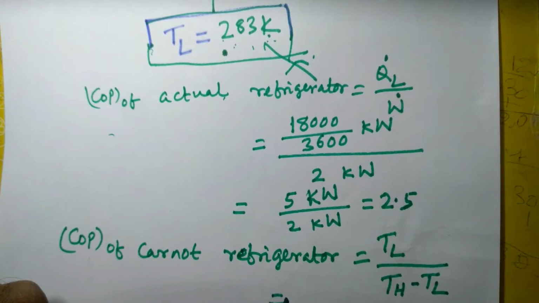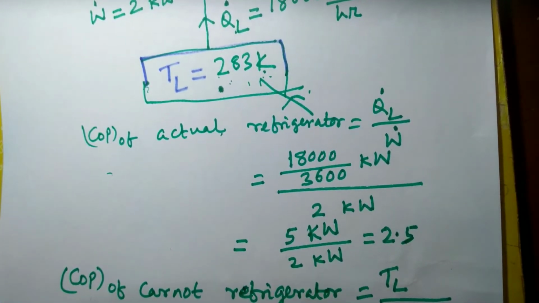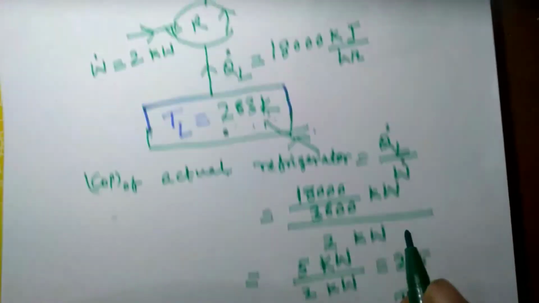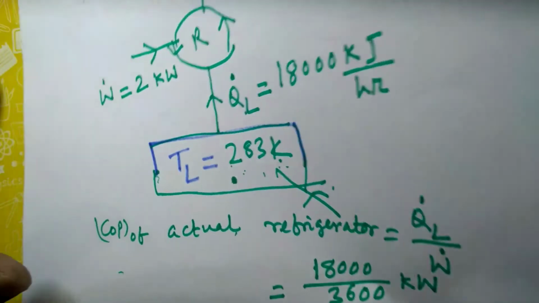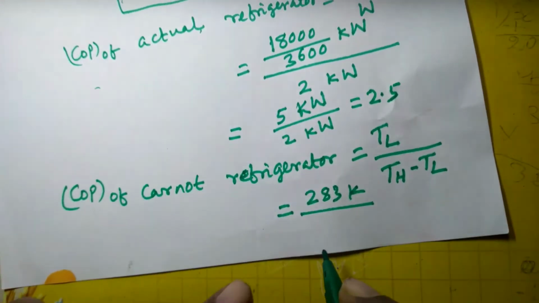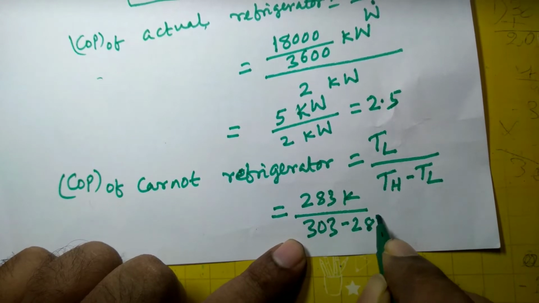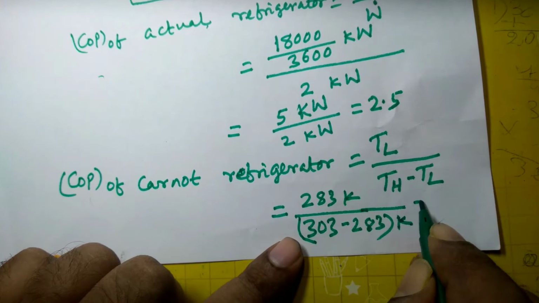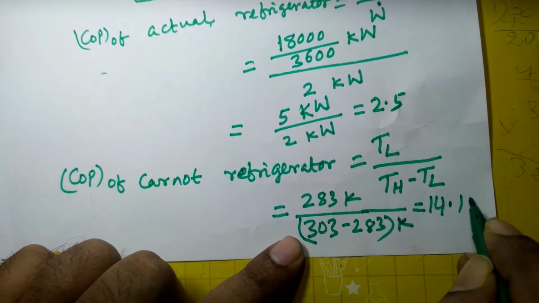Here TL is 283 Kelvin, 283 Kelvin divided by TH is 303, TH minus TL, that is 303 minus 283 Kelvin, and this is equal to 14.15.